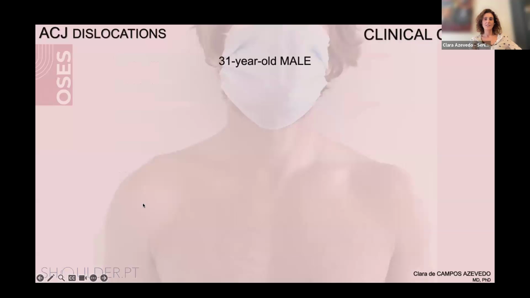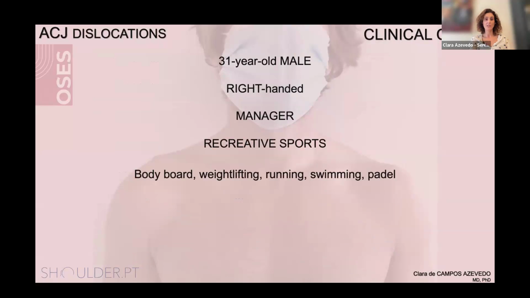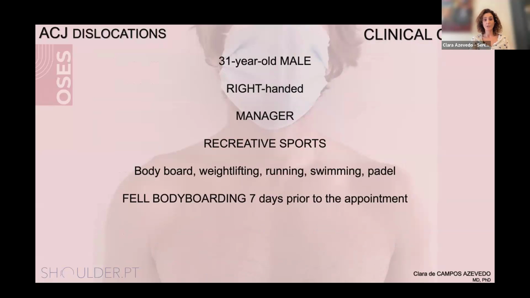Okay. So what we're looking at is a 31-year-old male who's right-handed. He's a manager. He plays recreational sports: bodyboarding, weightlifting every day, running, swimming, paddle, the fashionable sports. He fell bodyboarding 7 days prior to the appointment.